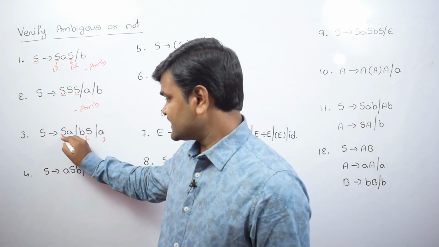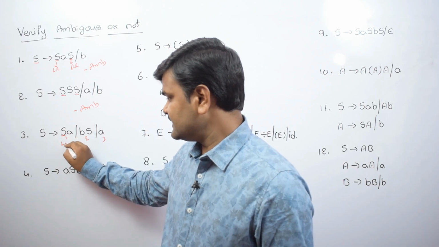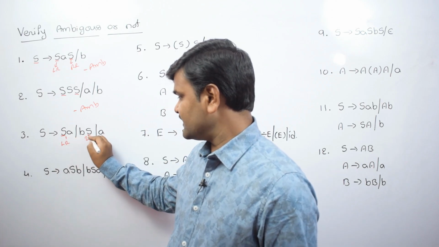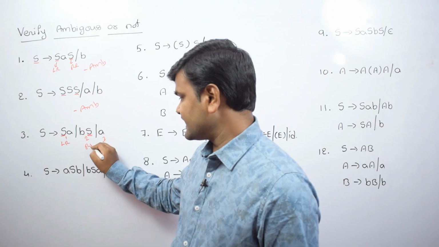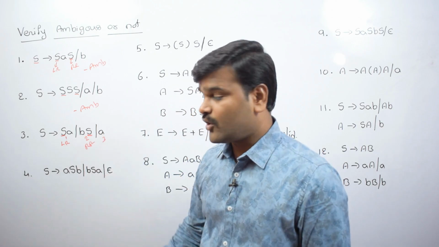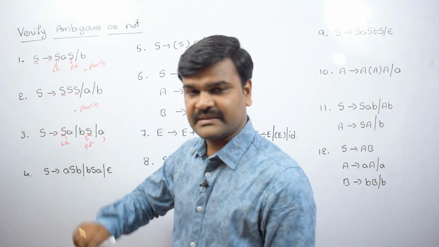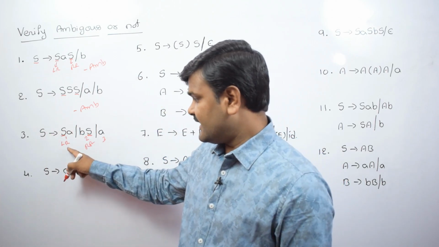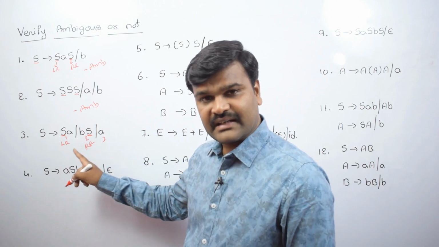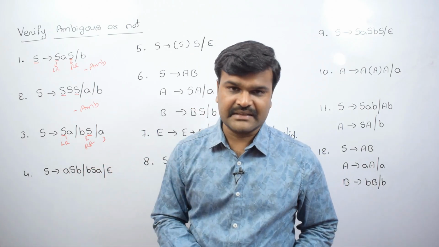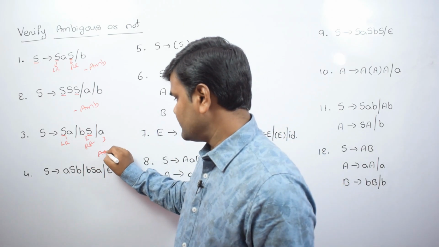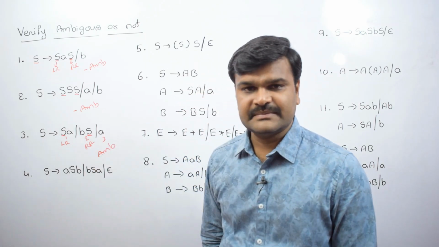In the first production you have left recursion, and in the second production you have right recursion, because the variable in the last position is the LHS variable. So left recursion is there in the grammar and right recursion is also there in the grammar. This also will become ambiguous grammar.